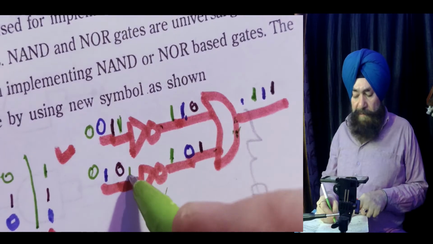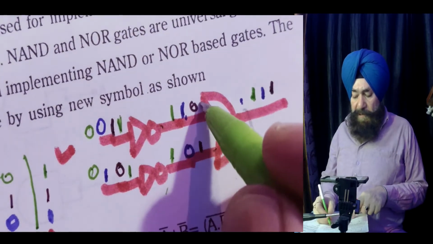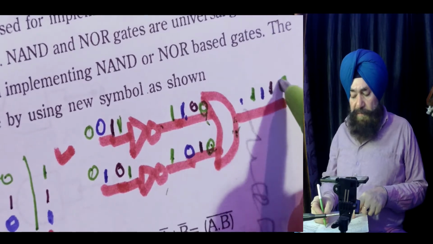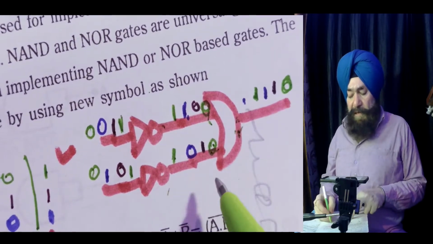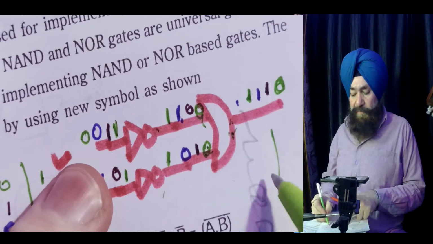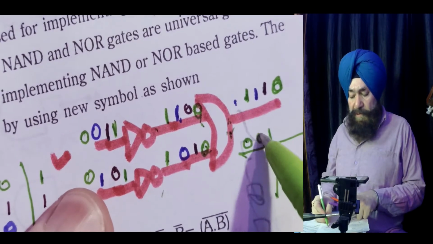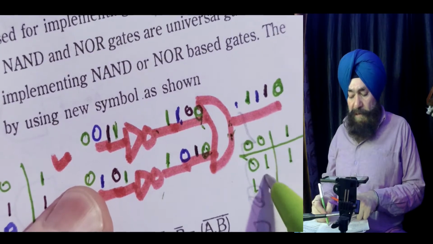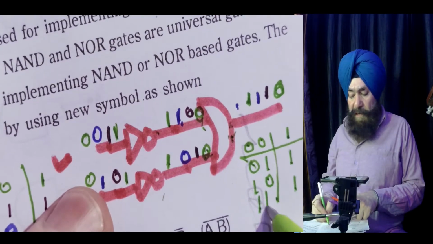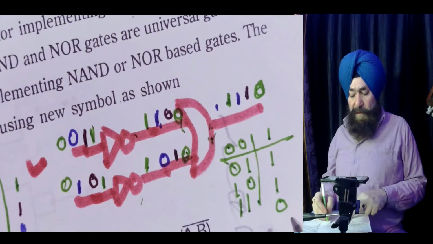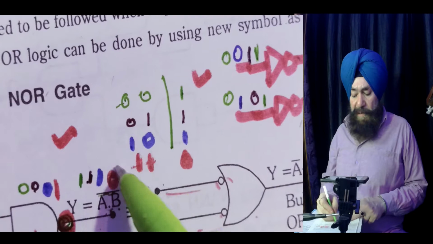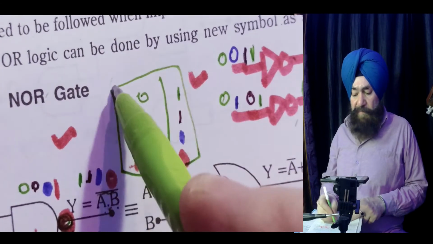If 1 and 1, it becomes 0 and 0, and 0, 0 gives 0. So what do you learn? 0 0 is 1, 0 1 is 1, 1 0 is 1, 1 1 is 0. So this table and this table are the same.